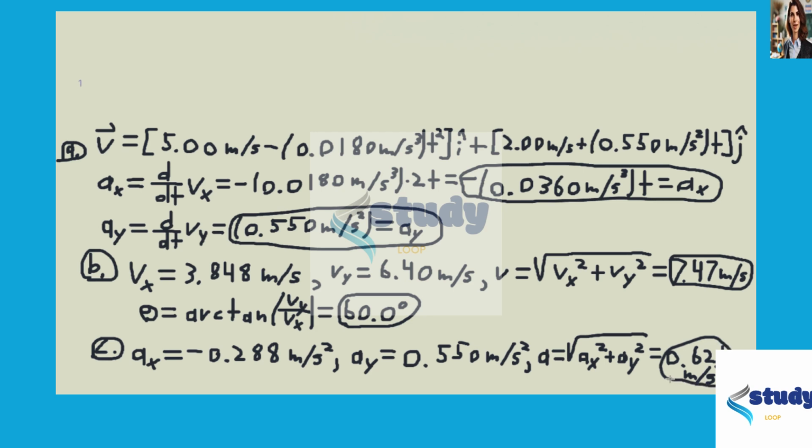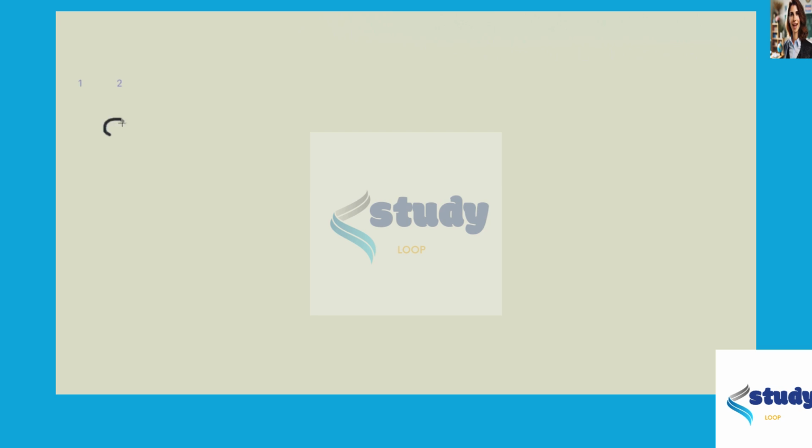Okay, and then I'll calculate the direction now. So I'll start a new page. The direction is going to be arctan. In this case, my vector is a. So I have the x component of the vector, so I'm going to have ax divided by the y component of the vector, which is ay.